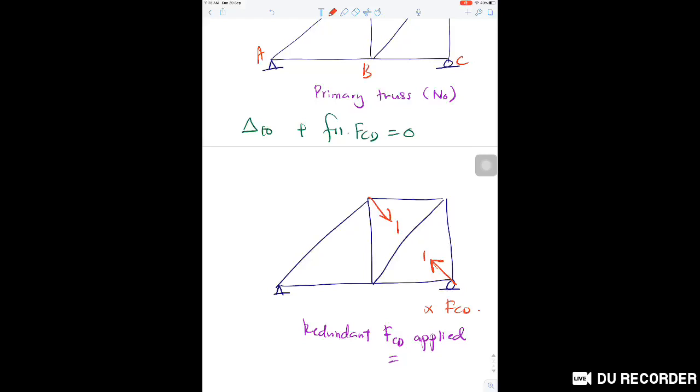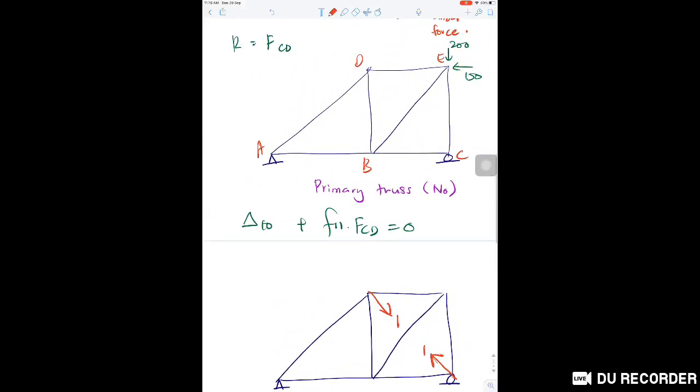It means that we have a system just like the primary system. What is the difference between the primary system and the redundant system is due to loading. The primary system is stable and determinate, subjected to all external loading, and in the primary truss we will determine the member forces.